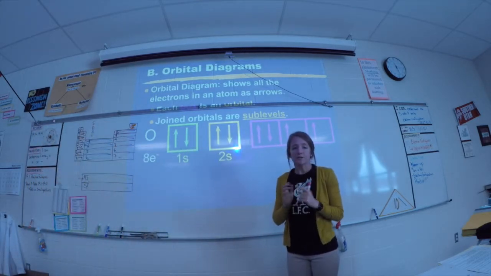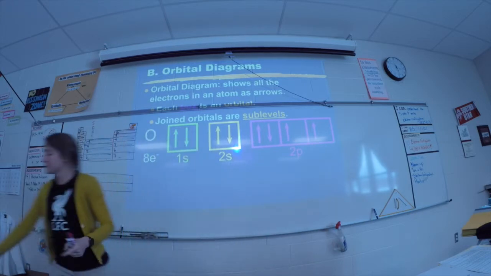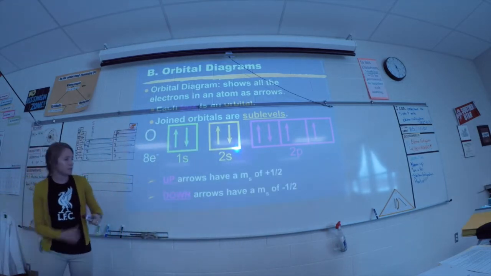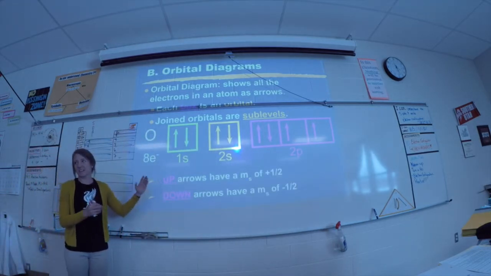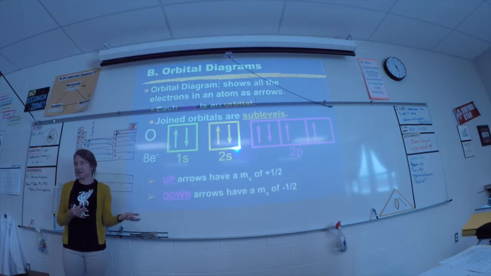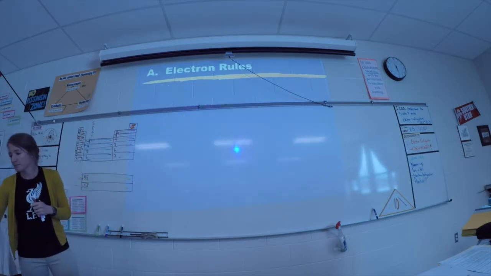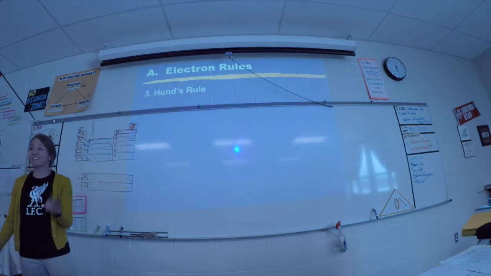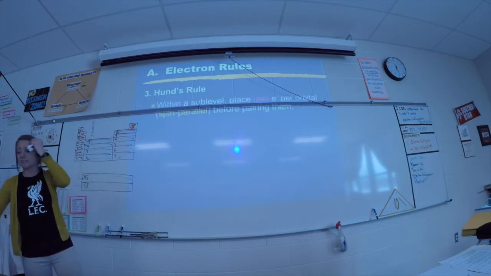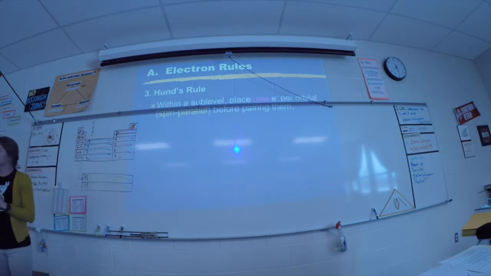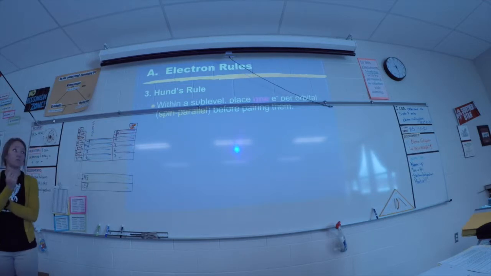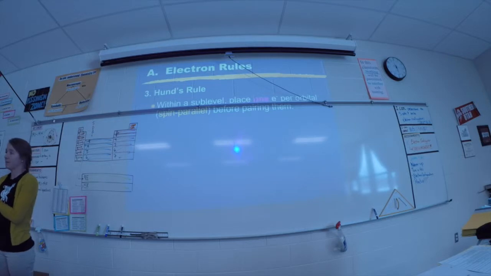Now the last rule that we have is known as Hund's rule. Just to review, up arrow we classify as +1/2, and down arrow we classify as -1/2 for the quantum numbers. This rule tells us that within a sublevel, you place one electron per orbital with their spins parallel before you pair them up.